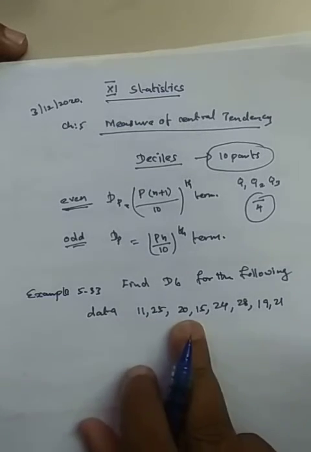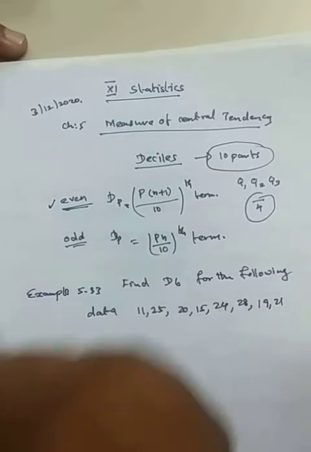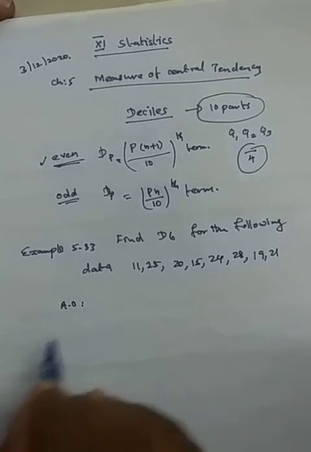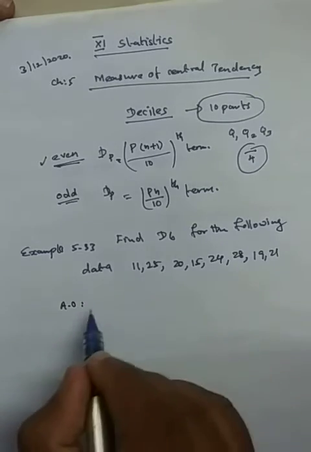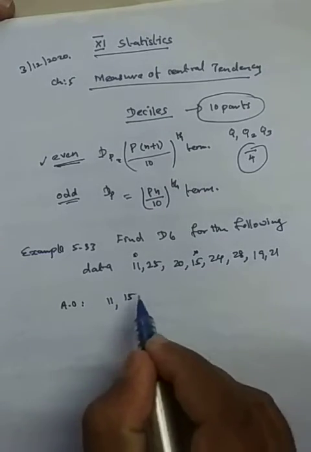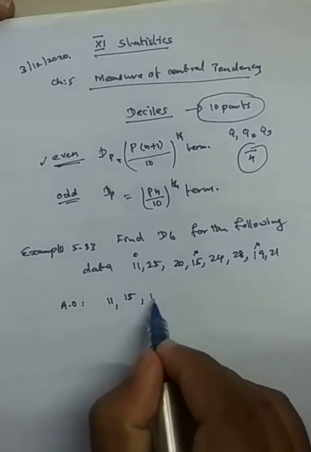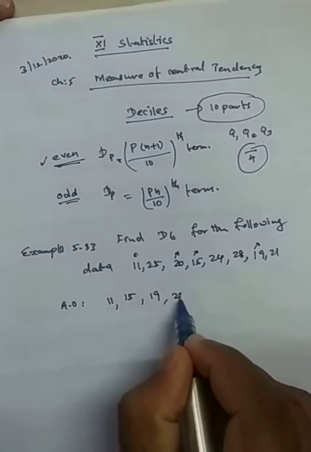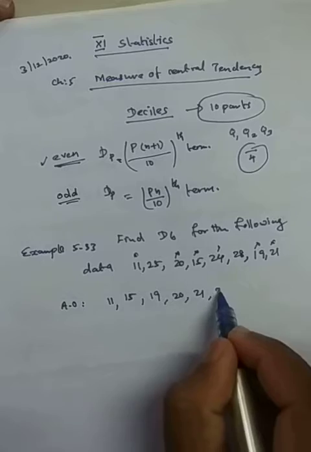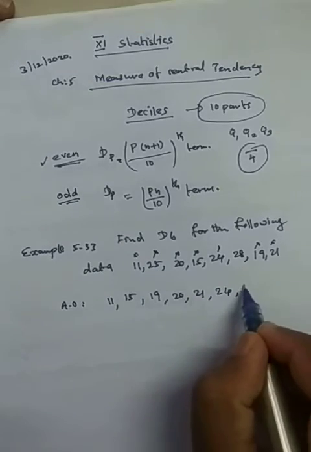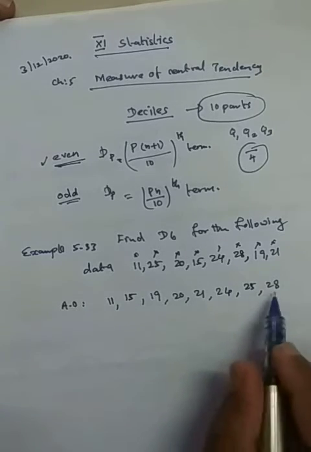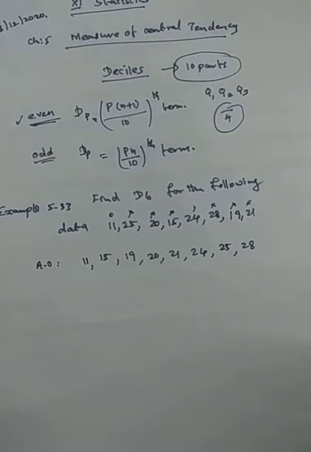Count them: 2, 4, 6, 8. There are 8, which is even, so we follow that formula. First arrange in ascending order: 11, 15, 19, 20, 21, 24, 25, and finally 28.